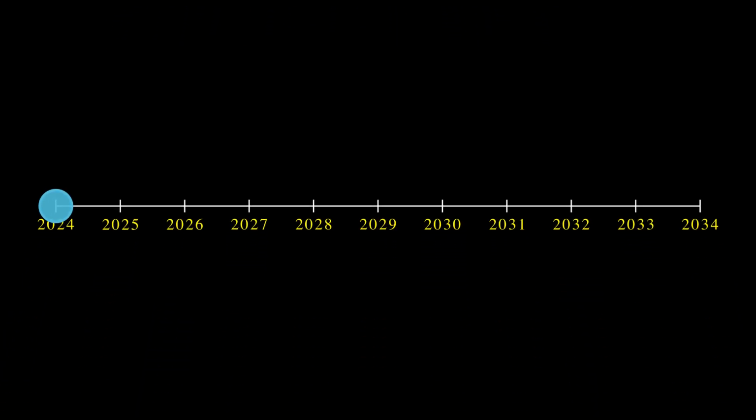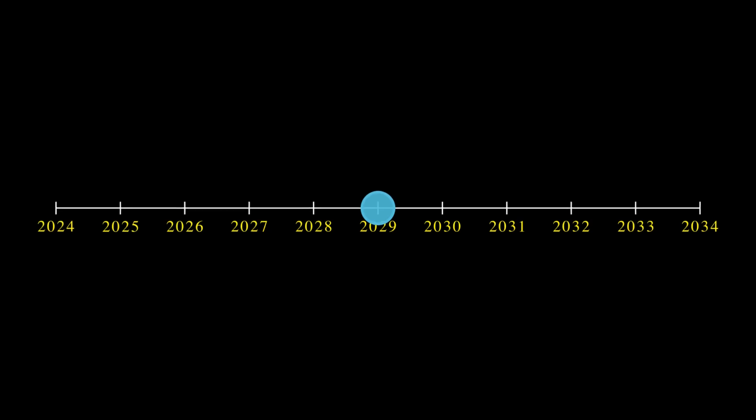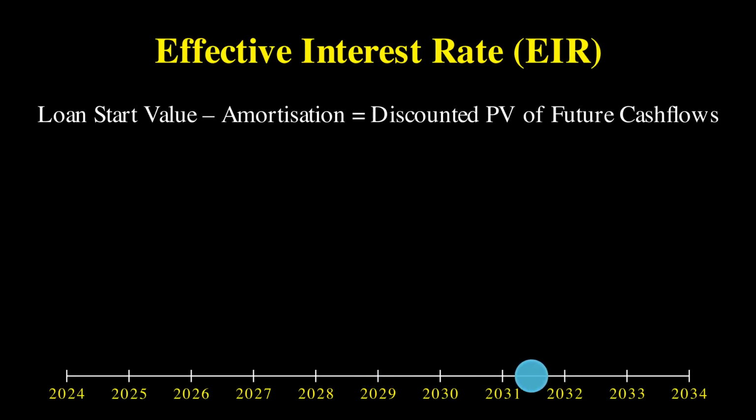Over time, the carrying value of the loan decreases as installments are paid. At any point, the carrying value equals the present value of all remaining EMIs, discounted using the effective interest rate. This can also be expressed as loan start value minus amortization equals the discounted present value of all future cash flows.